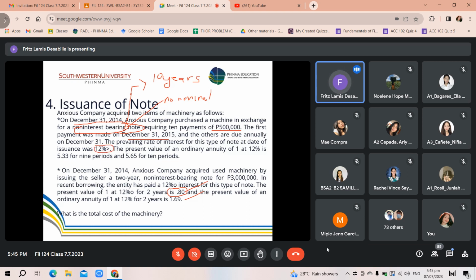This is the true interest, the market interest. So 10 years, the first payment is 2015. Type on your keyboards or on your phones what will be the present value factor that you are going to use in computing this one?